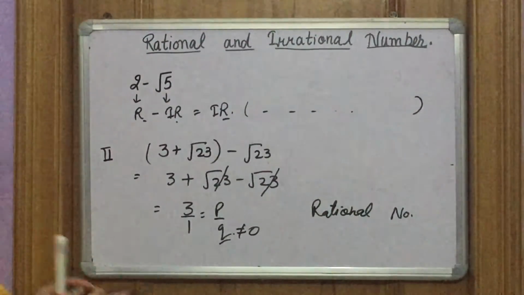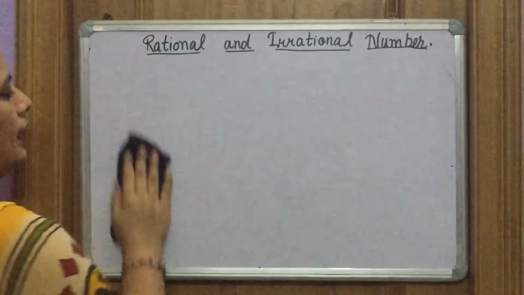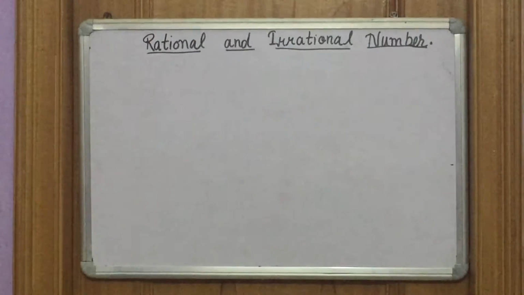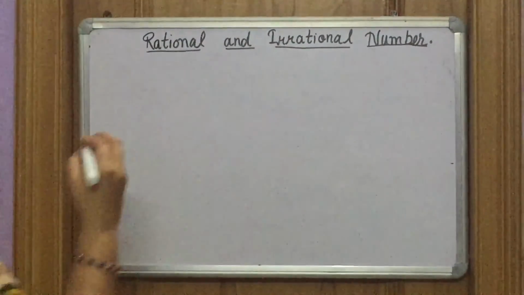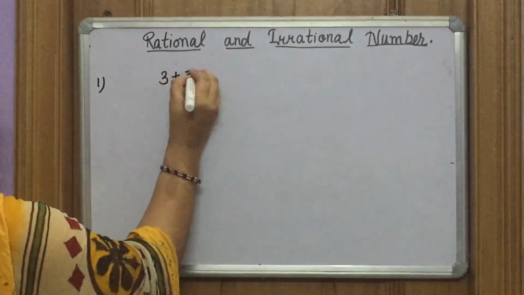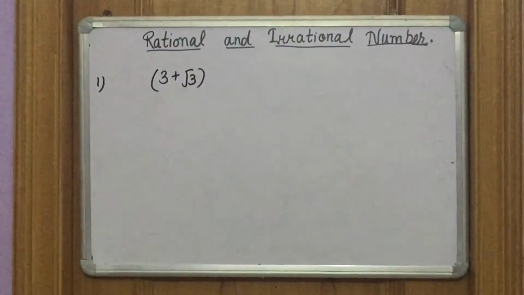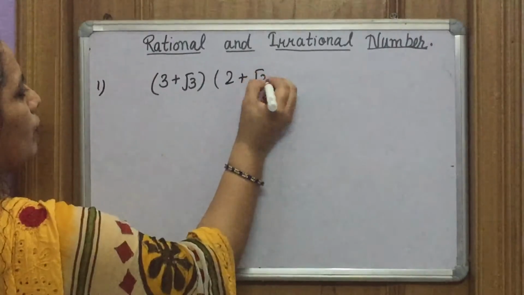Next is simplify. You are given some equations. You have to simplify these equations. First is 3 plus square root of 3, and second is 2 plus square root of 2.